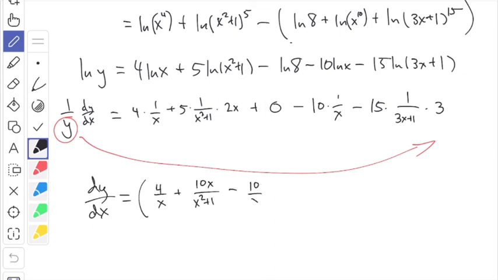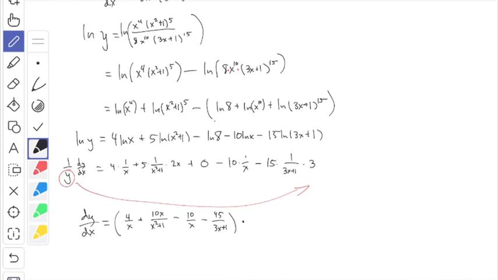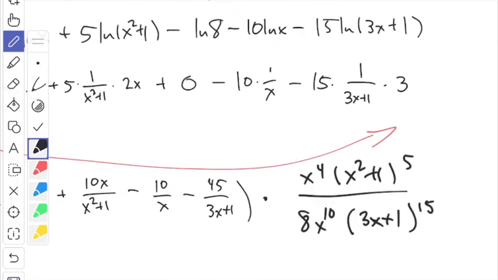Minus 10 over x minus 15 times 3, 45 over 3x plus 1. And then times y goes right here, which is my original thing off screen at this point. x to the 4, x squared plus 1 to the 5 over 8x to the 10, 3x plus 1 to the 15. So this is my answer.